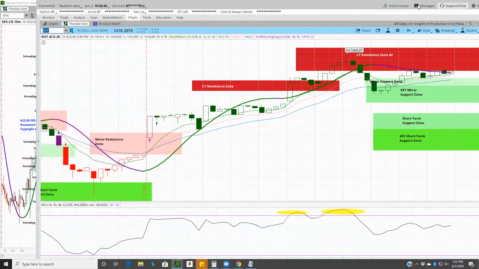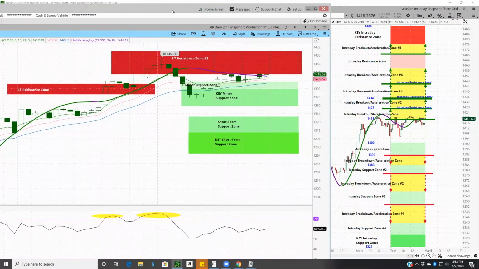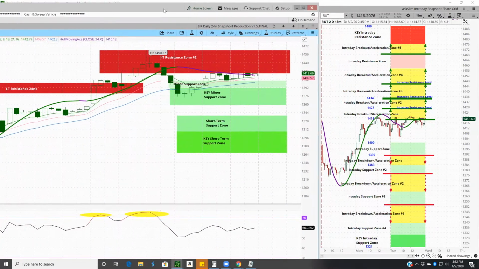So when you look at that, it says you could expect that the Russell would underperform the NASDAQ because the longer time frame is dominant.